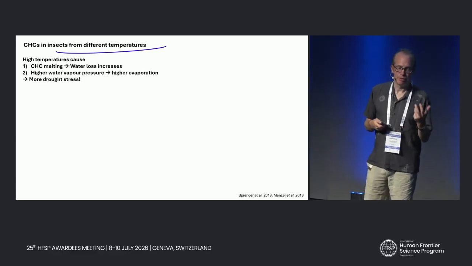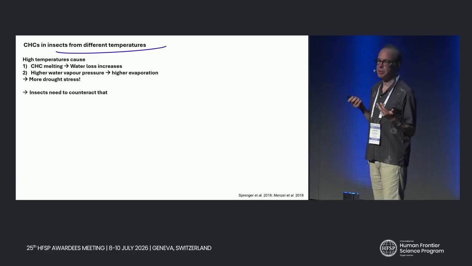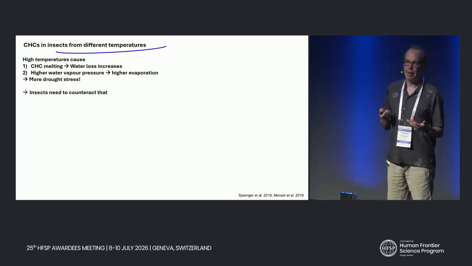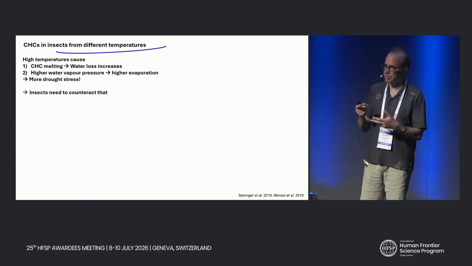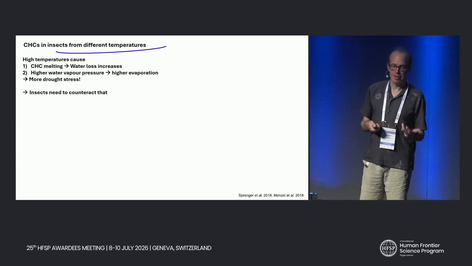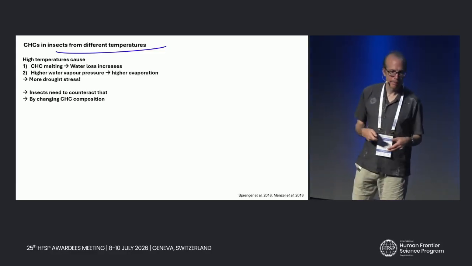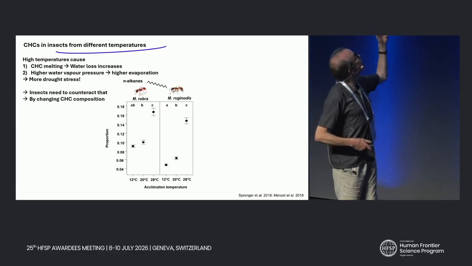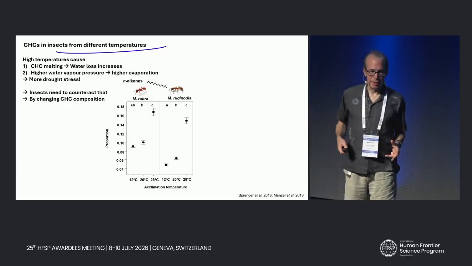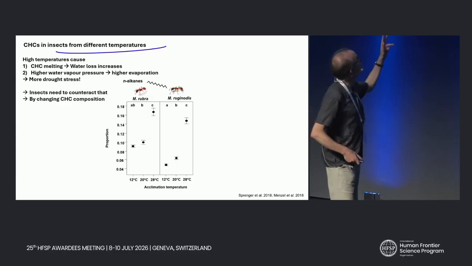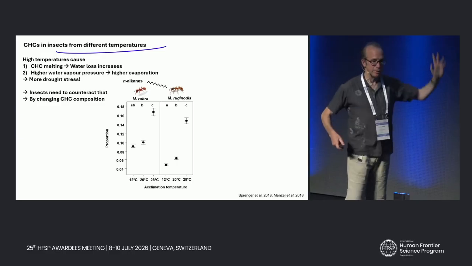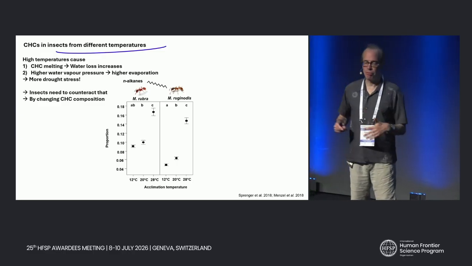And so the insects need to counteract that, and they do that by adjusting their hydrocarbons to make them more solid. And this is what we tested out, and we have confirmed that for quite a number of insect species already. These are our two friends from the beginning, Myrmica rubra and Myrmica ruginodes, and we kept them at 3 different temperatures, 12 degrees, 20 degrees, and 28 degrees, each time for 3 weeks.